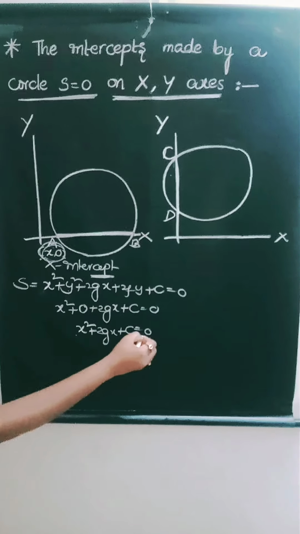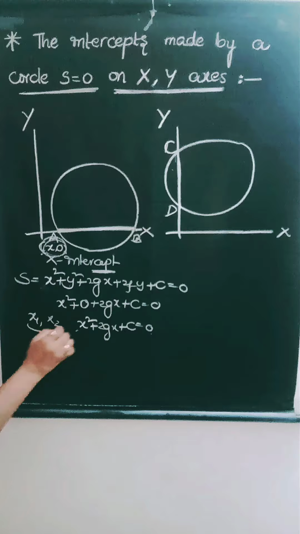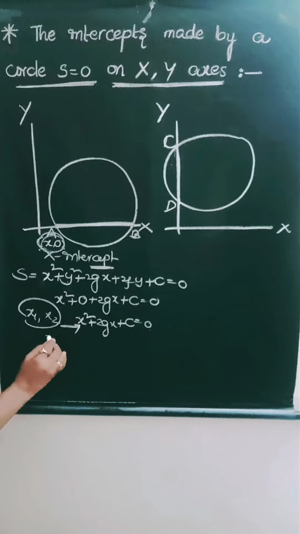Now this is a quadratic equation in terms of x. So the roots of this equation are x1, x2. Now what is the sum of the roots?